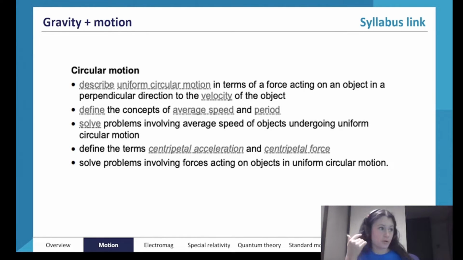For syllabus dot points like this, where we need to define centripetal acceleration and centripetal force, it's really useful to make notes or flashcards of the QCAA definitions of these two terms.